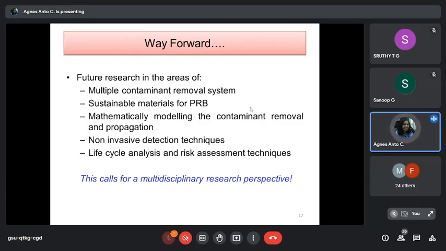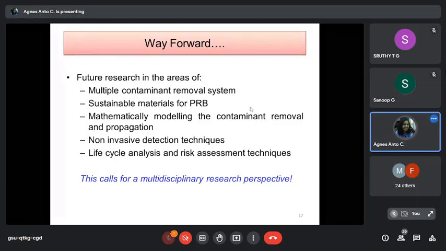How do you approach the study of analyzing the risk involved in using certain materials as a PRB and disposing of it? All those things require more intense research. In the end, it helps for the efficient functioning of a permeable reactive barrier. So you can see it is actually a multidisciplinary research approach which you should carry out in sorting out these problems.